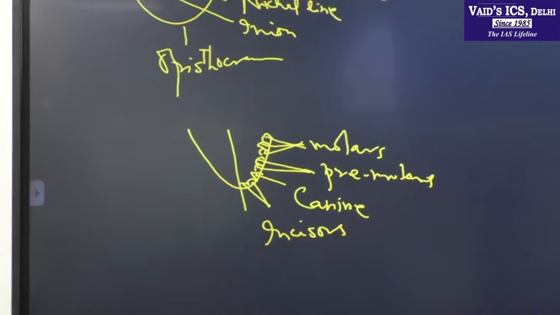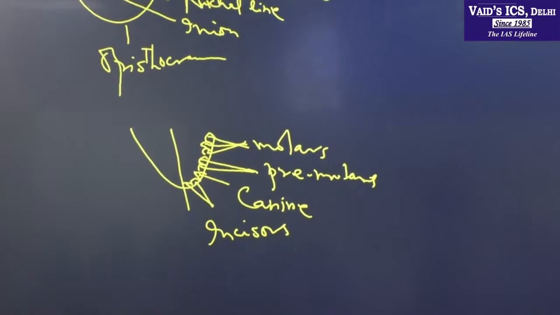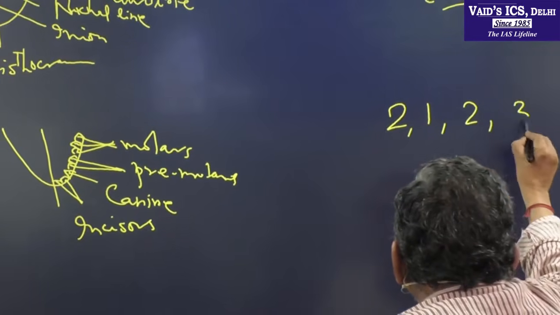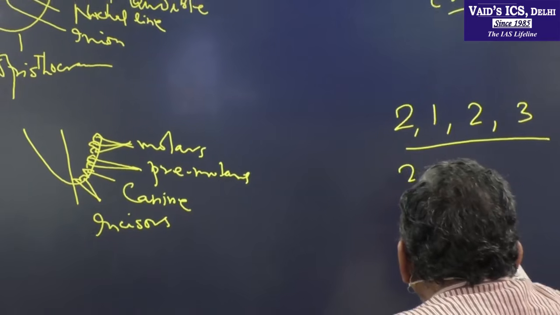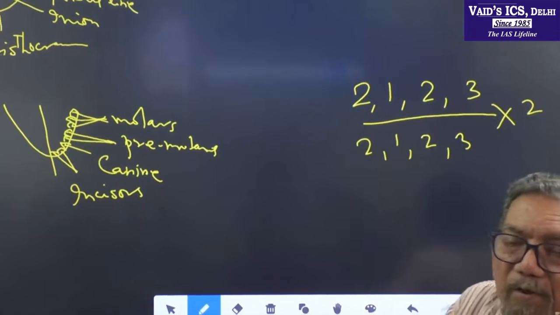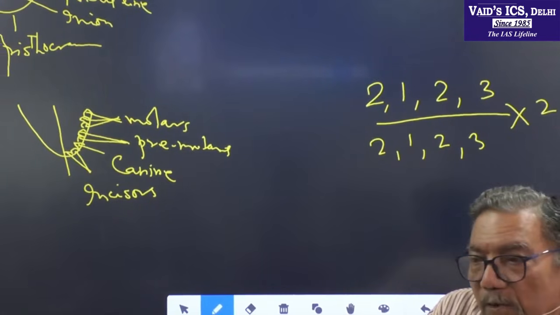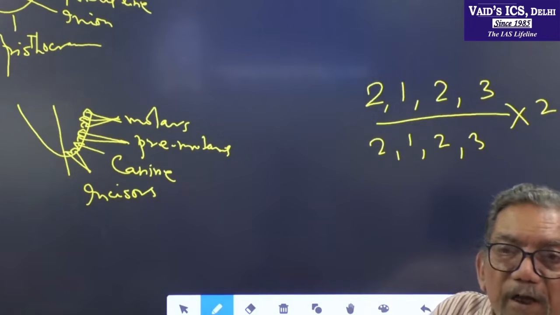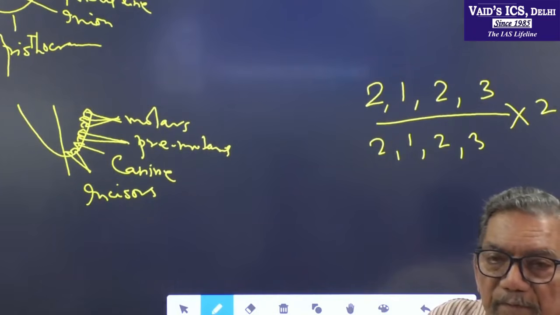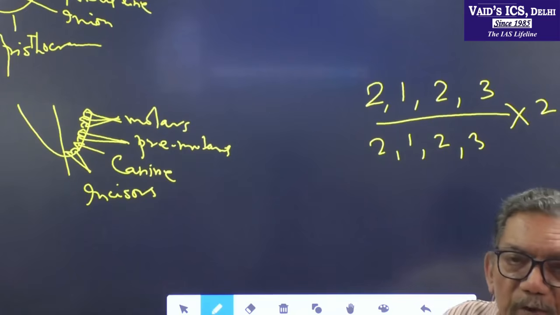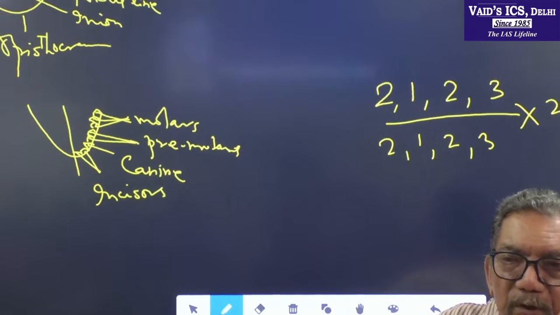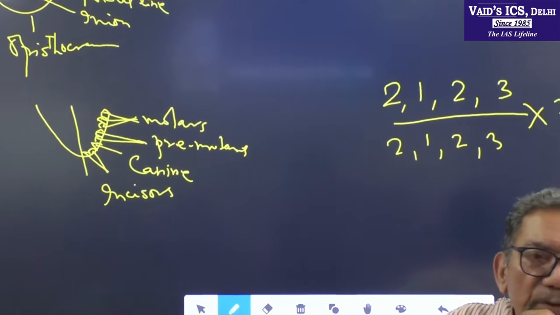In one part of one jaw, two incisors, one canine, two premolars, three molars. Similarly in the other jaw also, and similarly in the other half of each jaw also. That is how we have 32 teeth, and this is called dental formula. Dental formula of humans is 2, 1, 2, 3: incisors, canines, premolars, molars. And then comes vertebral column.